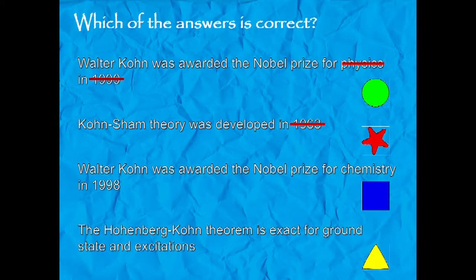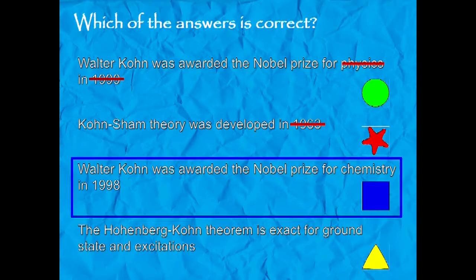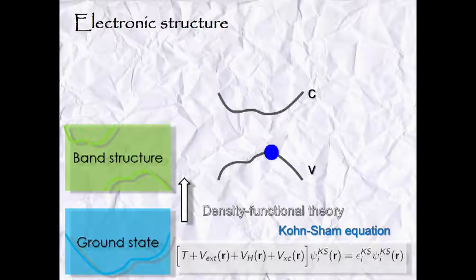Kohn-Sham theory was not developed before the proof of the Hohenberg-Kohn principle, so this was in 1965. This is the right answer, and unfortunately, the Hohenberg-Kohn theorem and Kohn-Sham theory don't work for excitations, and this is the bad bit because now I have to take you to the next step of theory.